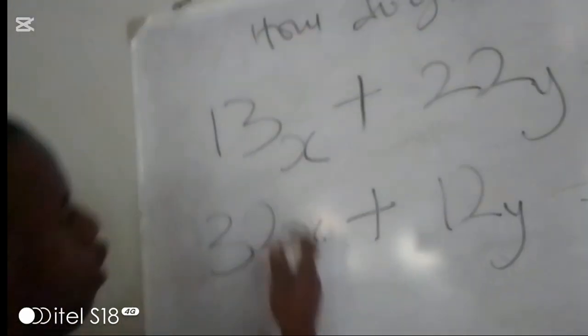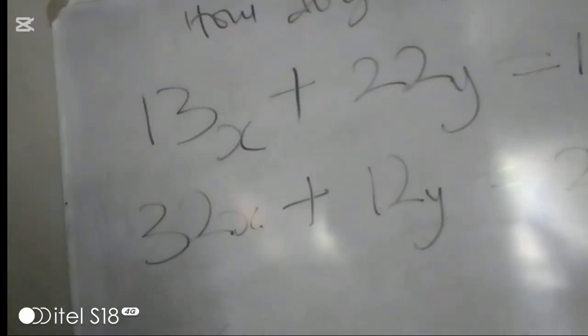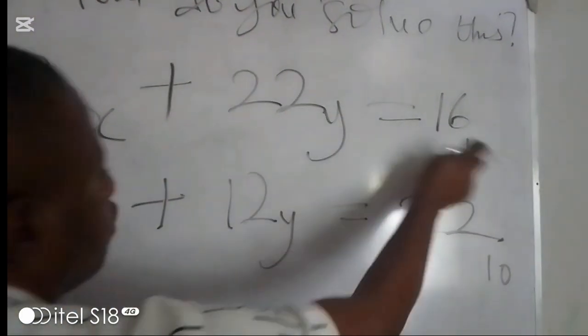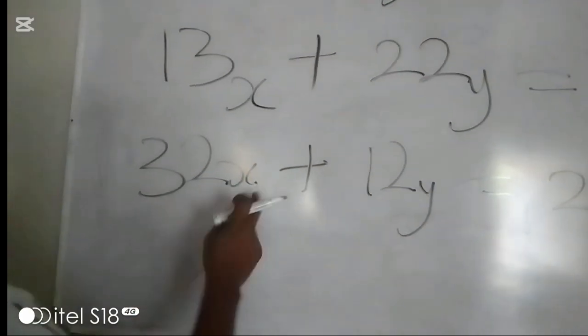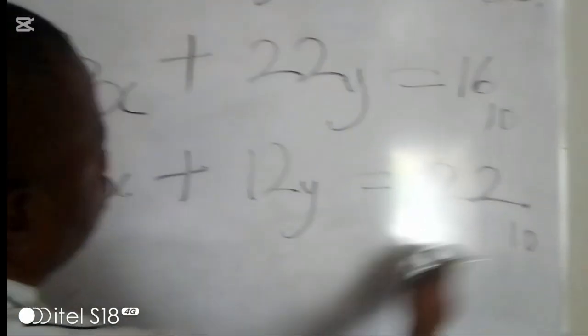Find the value of x and y. How do you find the values of x and y? You have 13 base x plus 22 base y equal to 16 base 10. Then 32 base x plus 12 base y equal to 22 base 10.